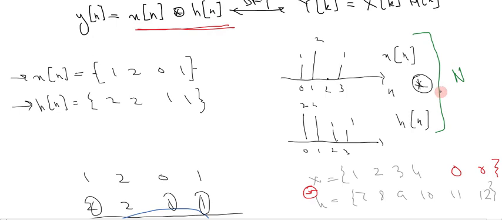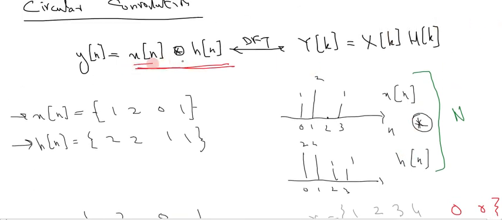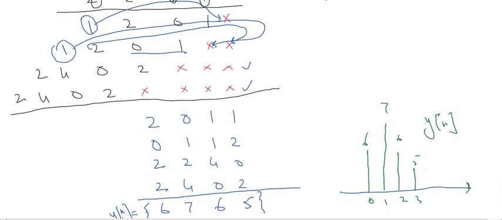You cannot do circular convolution of unequal length signals. You have to make them equal. Now, this circular convolution we did is in time domain. For these two signals, we performed circular convolution and we get this signal y of n.